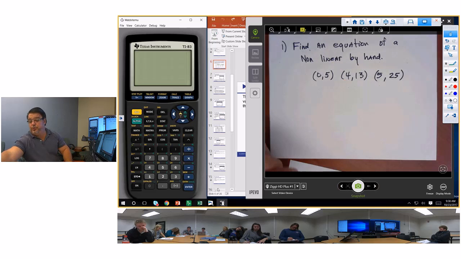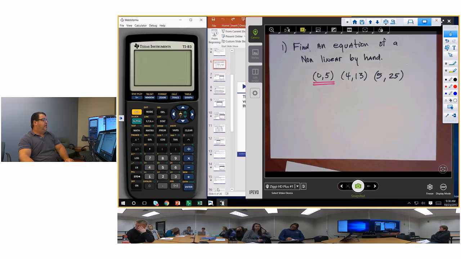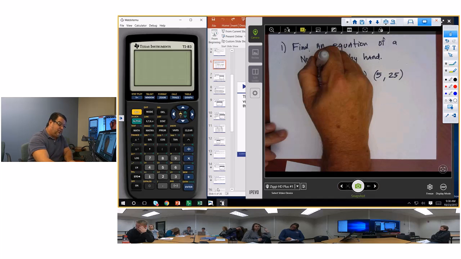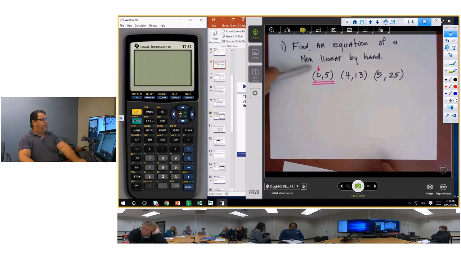When you're told to find an equation and you have something like this, then you can do it by hand. Because what does that x do to most of your terms in the quadratic equation? Cancels them out and you're left with 5 is equal to c, or 4 is equal to c. So this one is solvable because you have a 0 term that eliminates stuff.